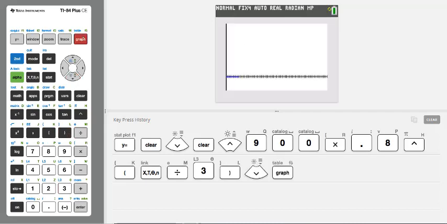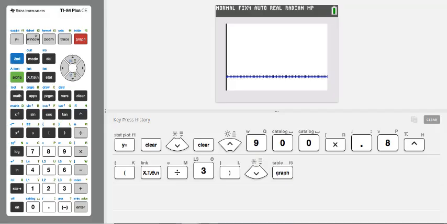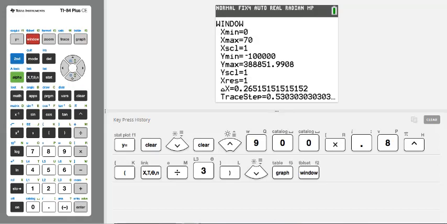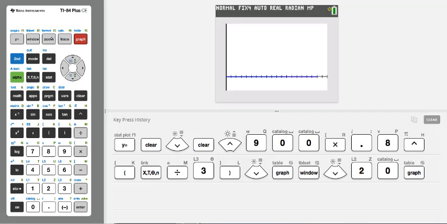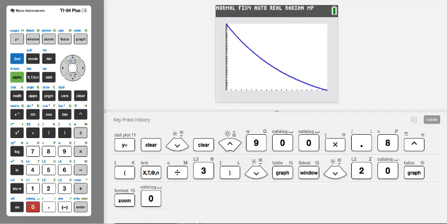I'm going to hit graph. And they told us, let's see, 0 to 20. Okay, got to go back here. Got to go to window, 0, 20. Hit graph. Then we'll hit zoom 0 because I've got a set of basically x values from 0 to 20. I just need for it to scale my y's, and that's what happens there.